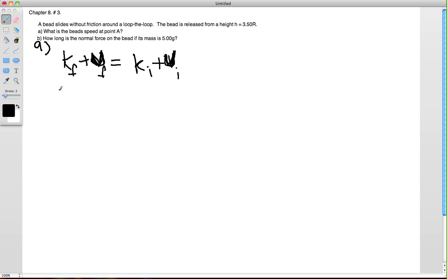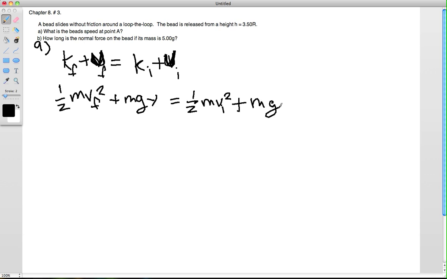The equation for kinetic energy is 1/2 m v final squared, and the equation for gravitational potential energy is mgy, so 1/2 m v final squared plus mgy equals 1/2 m v initial squared plus mgh.